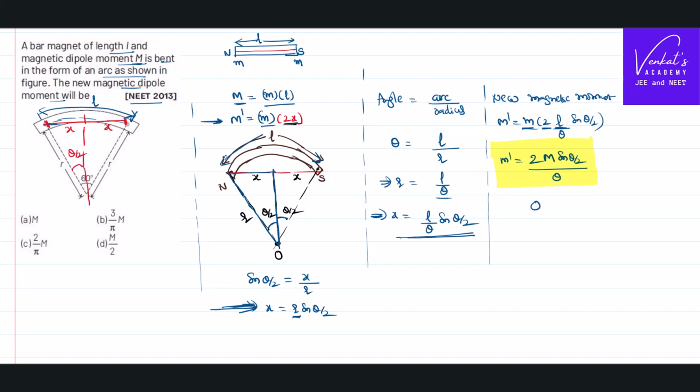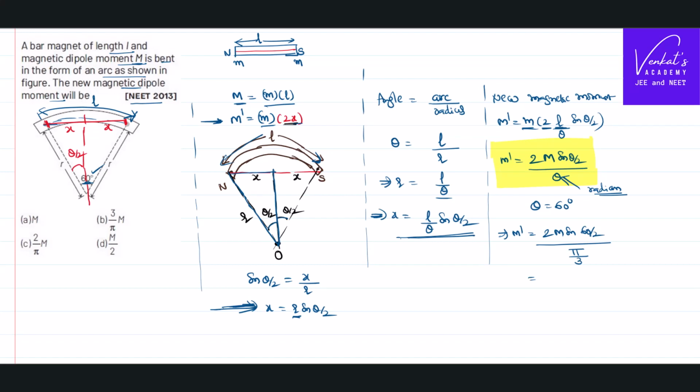Now, it is given that theta is 60 degree in the problem. I can substitute now. So, new magnetic moment is 2m sin 60 by 2. Be careful here, you shall not write 60 because you are in the SI system. You have to write this theta always in radian. 60 degree is pi by 3 radian. 180 degree is pi.